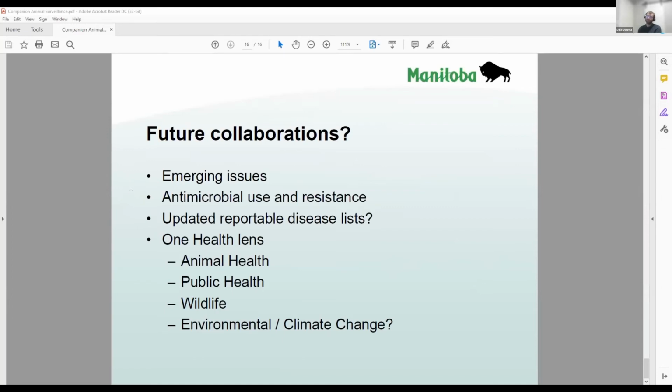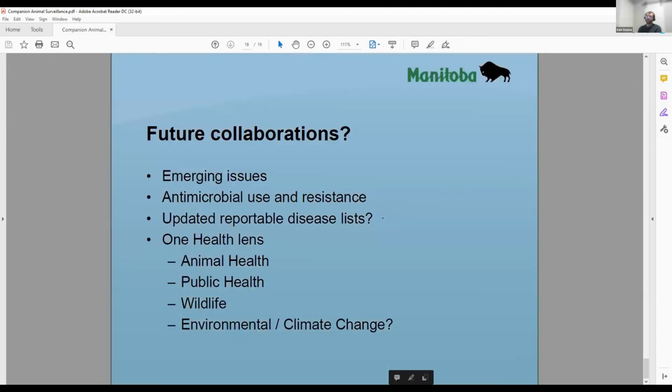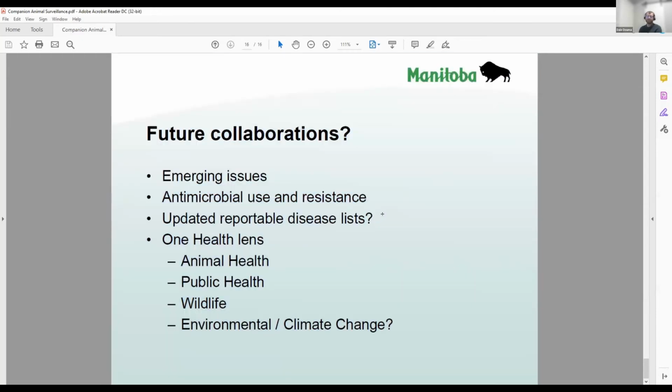Antimicrobial use and resistance are one of those issues that continues to float as a priority, but hasn't really taken off yet on a surveillance or even a data collection piece. We are talking about updating our reportable disease lists, and I think having at least a One Health lens looking at companion animals is important as provinces and territories move through those processes.